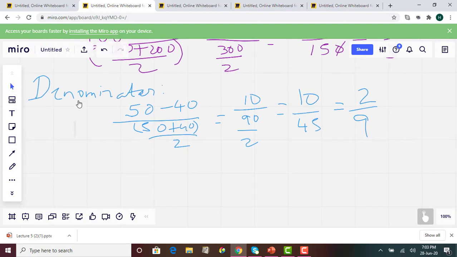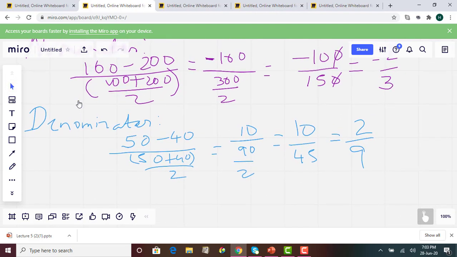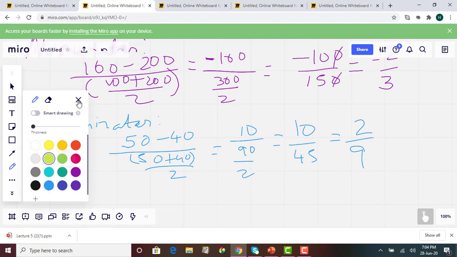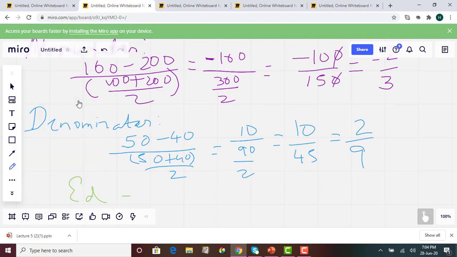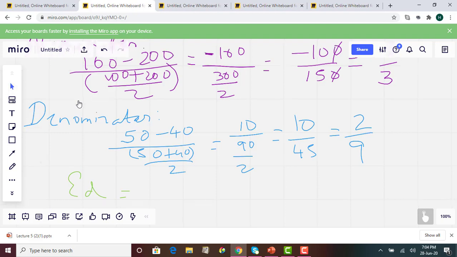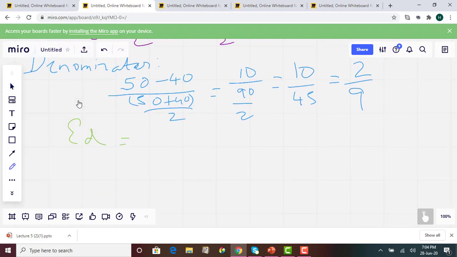So now finally we calculate the elasticity of demand, which is the absolute value of the numerator, minus 2 by 3, divided by 2 by 9.